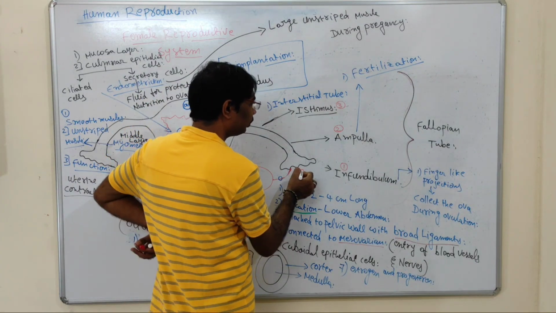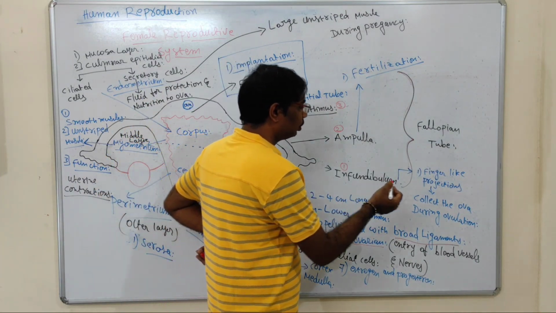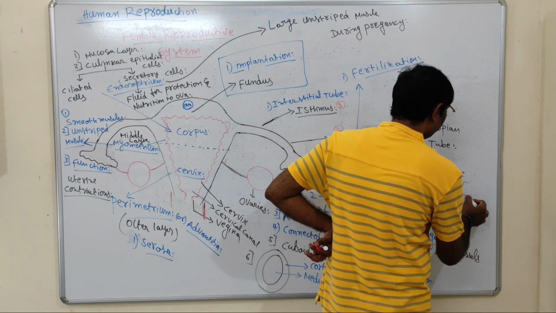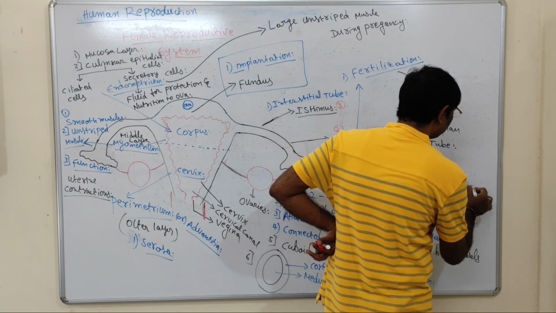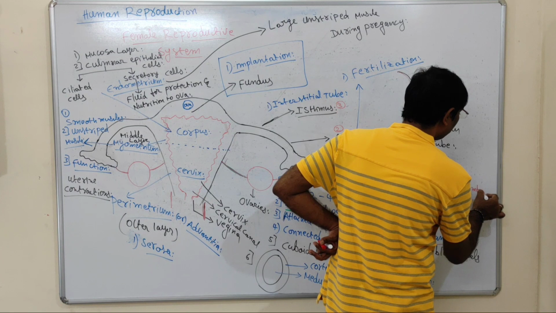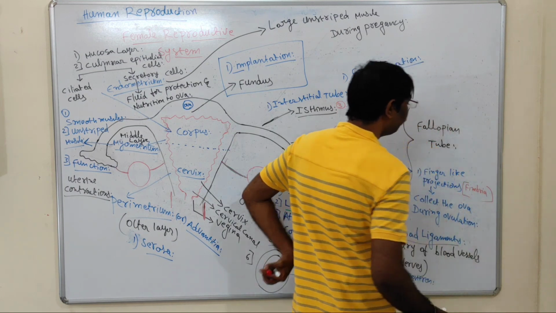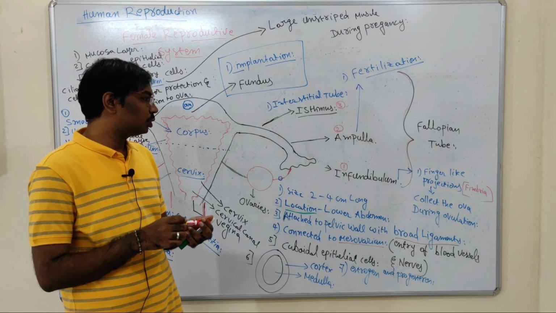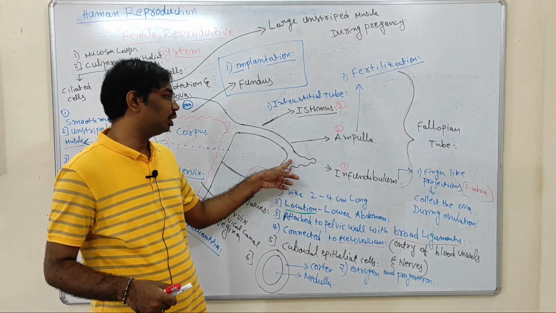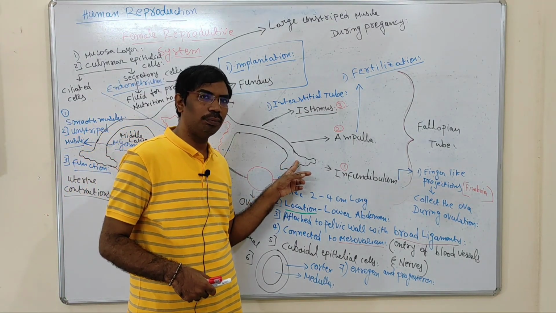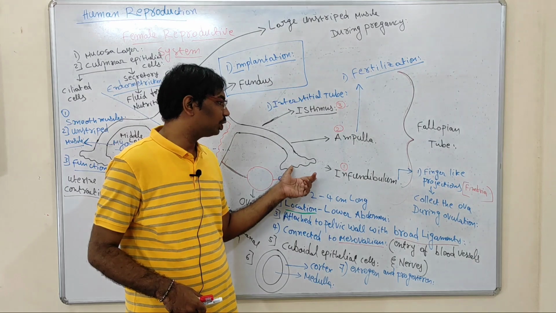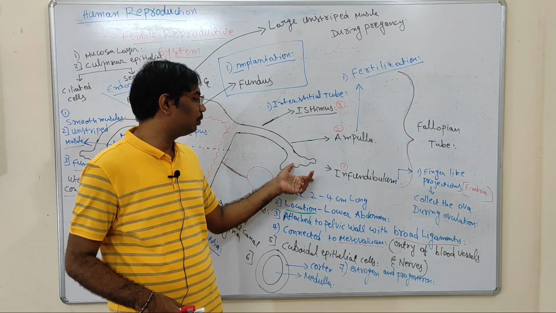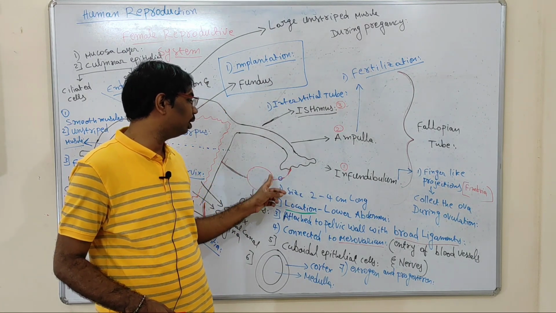The finger-like projections present in the infundibulum are called fimbria. It is responsible for the collection of ova from the ovary.